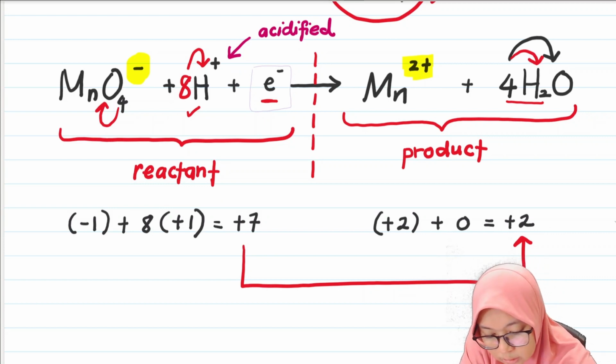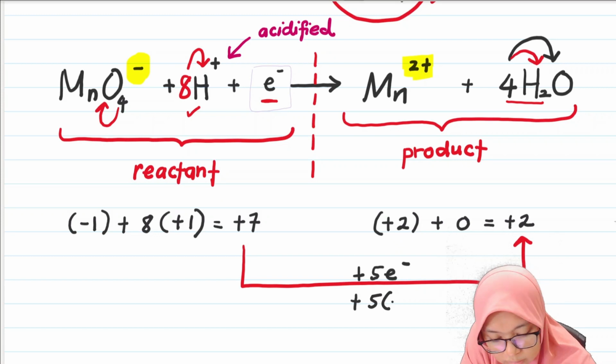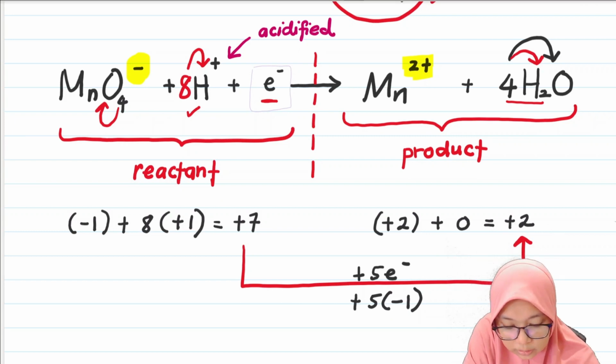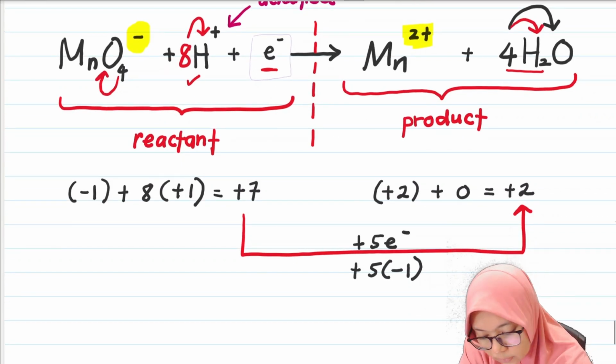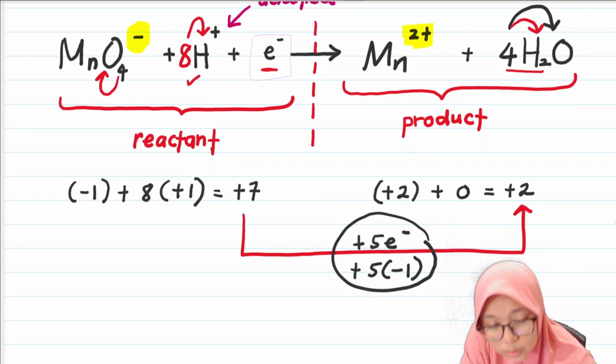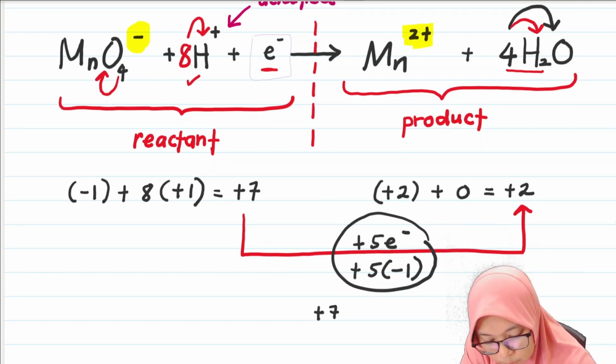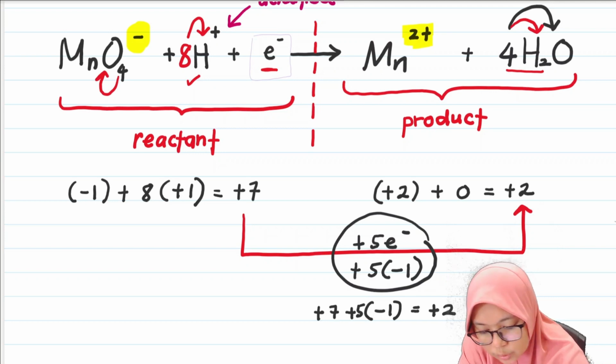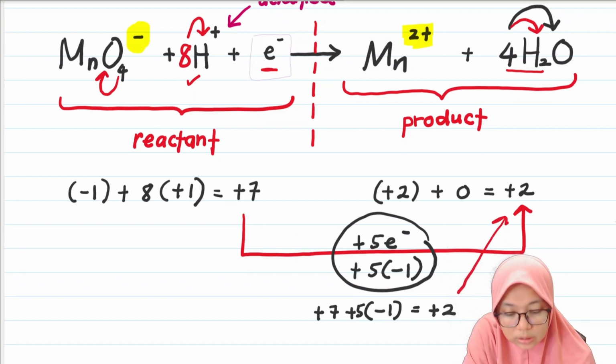You actually need 5 electrons. 5 electrons means you are adding 5 times -1, because the electron charge is -1. If I put this into an equation, positive 7 plus negative 1 times 5 gives positive 2. This is the number that we want to determine during the reaction.